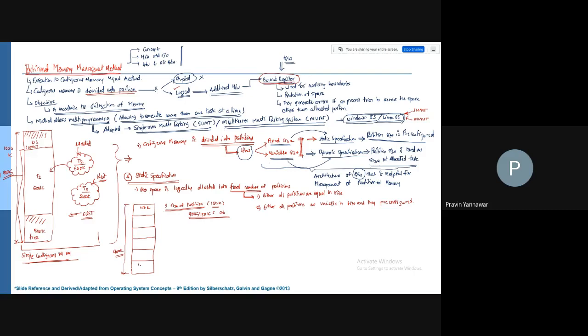This is 150k, this is 150k, this is 150k, this is 150k. So all these partitions are of the same size. Okay, so this is one particular example.